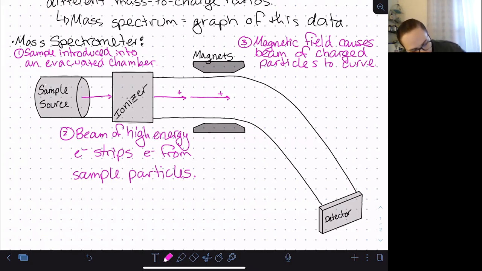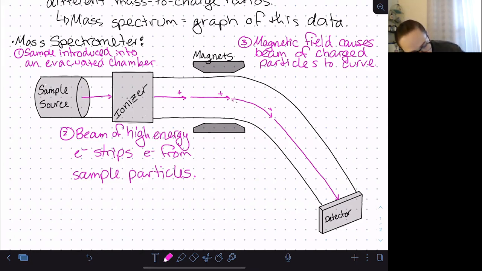So our particles are going to start to curve around the corner here due to the magnetic field. And then after they get out of the magnetic field, continue in a straight line the rest of the way to the detector, which can tell where on that kind of screen sort of thing a particle hits it. But not all of our particles are deflected by the same amount, is how we're able to tell the difference.